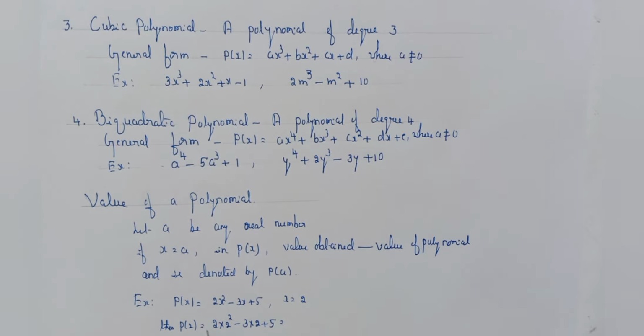So 2 square is 4, 4 2s are 8, minus 6 plus 5. So 8 plus 5 is 13, 13 minus 6 is 7. So the value of the polynomial at x is equal to 2 is 7.